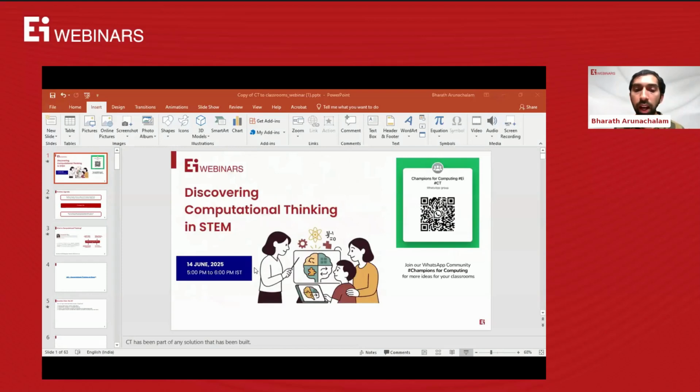Computational thinking is. I hope the audio is audible, right? We're not able to see it though. Here at Google. It's still on the slide. Computational thinking.